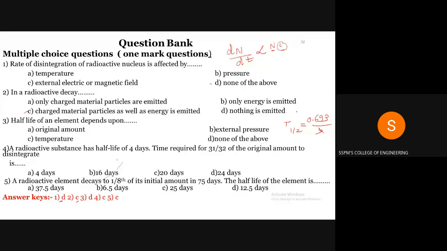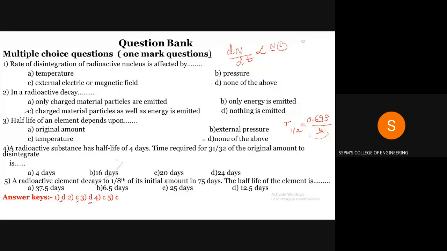That means the half-life of an element does not depend on original amount, external pressure, or external temperature, but it depends on lambda. But that is not given here. So which one is correct? None of the above. That is the correct answer. For question 3, we get the fourth option.